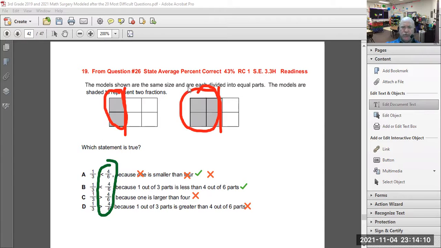That part is true. So we should prove our answer. We should explain, oh, that part is true, and less than is true, and 4 out of 6 parts. So there's nothing but check marks there.